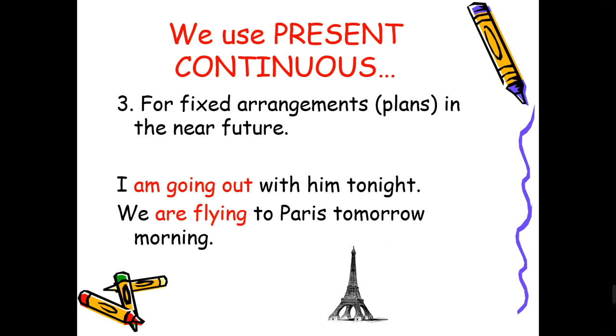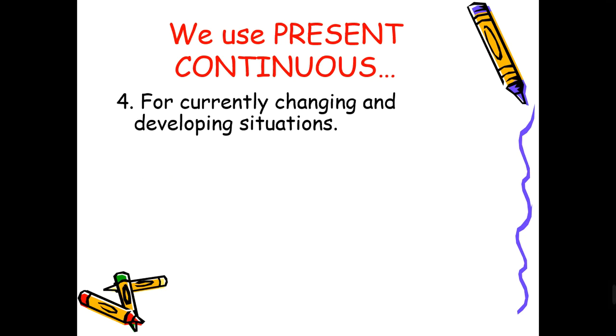That means you have already arranged your stuff, you have packed your luggage, you have booked the tickets, and then you express this plan by saying, we are flying to Paris tomorrow morning, because tomorrow morning is considered the near future. The fourth usage is for currently changing and developing situations. Things that are changing, they are not the same all the time.